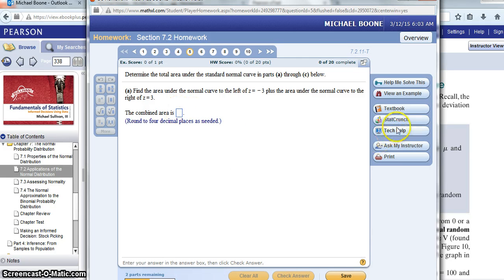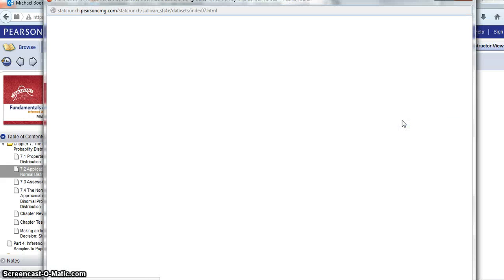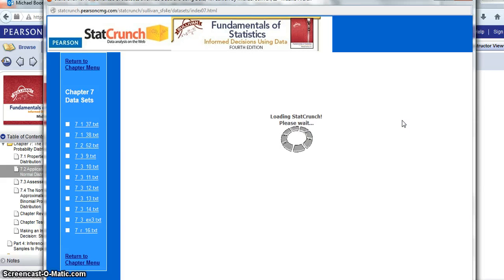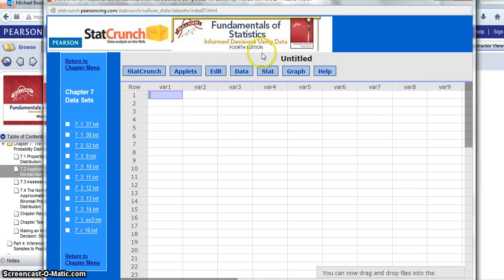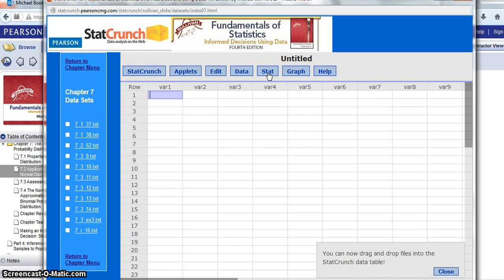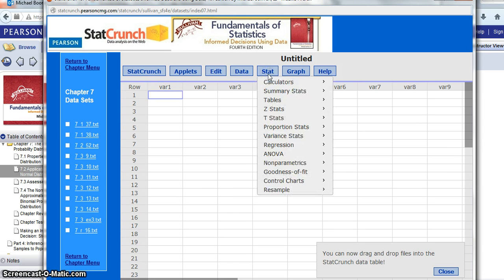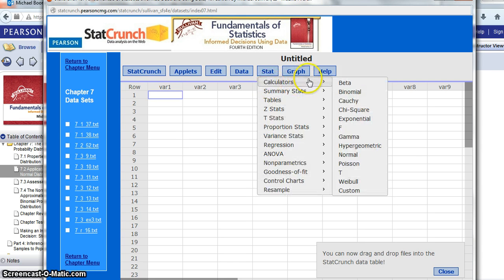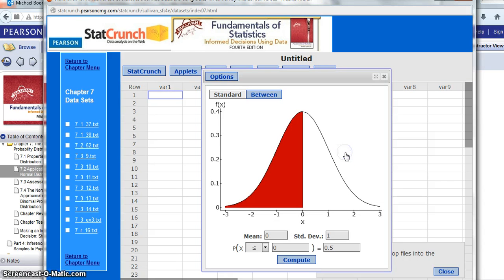combined area, this one's going from -3 to 3. Now we know that should be around 99.7% because of the empirical rule. But if we go to stat and then calculator, in chapter 6 we went to the binomial calculator, but now we're just going to go to the normal calculator.